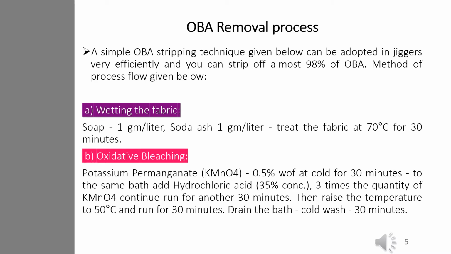For the removal of optical brightening agents, a stripping technique is suitable. This technique can be applied very efficiently, and we can strip off almost 98% of optical brightening agents.